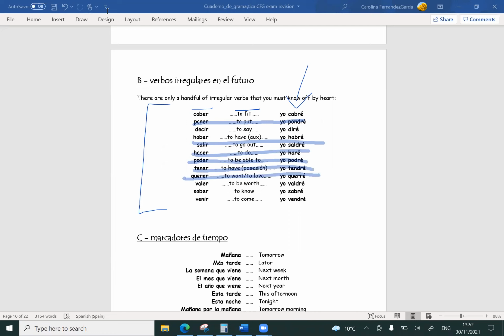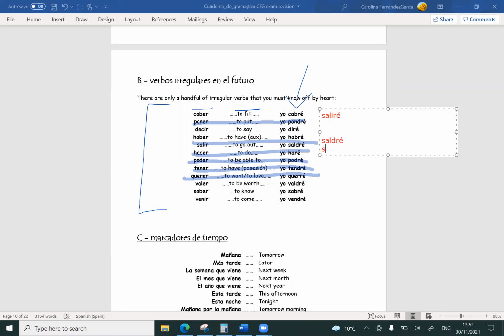So let's take one example like salir. I will go out, my friends. So now, in theory, with this verb I keep the whole thing and add é. But this verb changes the root, the radical of the stem. Even though I'm going to add an é as an ending, this changes, develops a DR: saldr, and you add é, saldré.